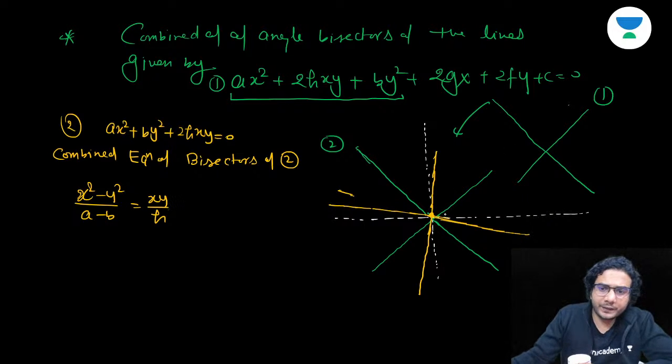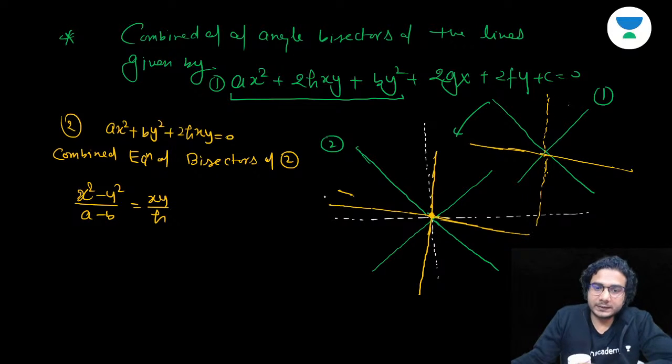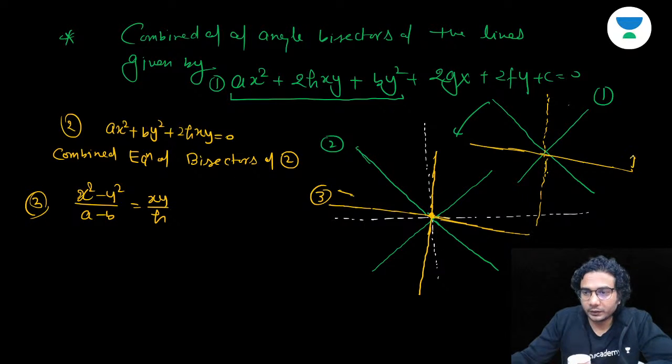Now we are going to shift these yellow lines to this point, but first of all we need the point. That's a task, you'll have to find that point first. This was the third equation, the combined equation of the third lines, and this is the fourth. We need the fourth combined equation of these lines.